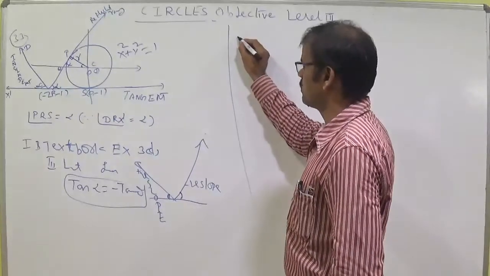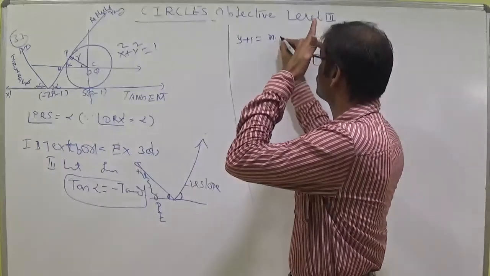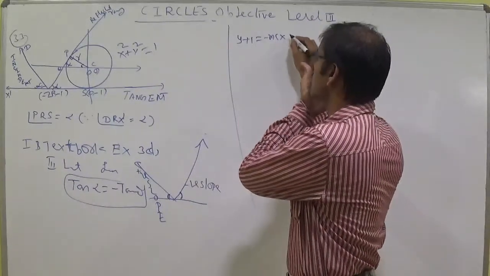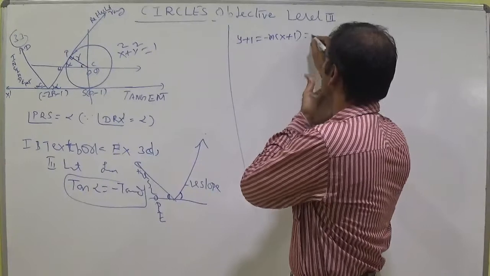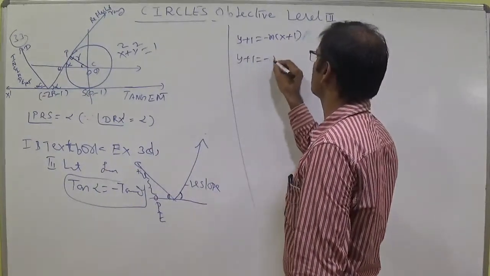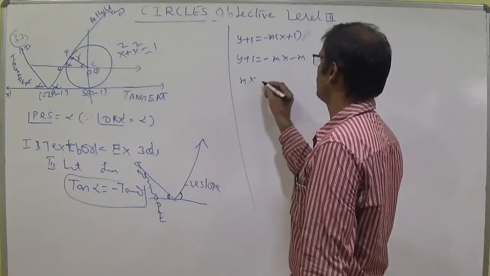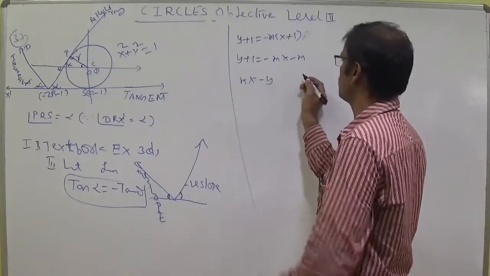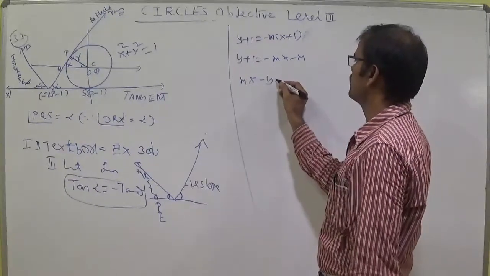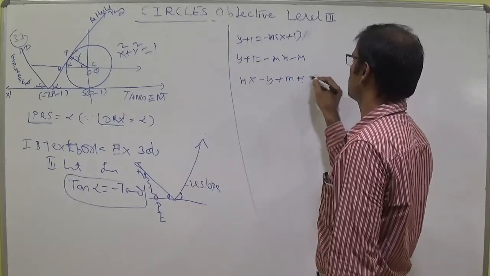In the previous sum we wrote y plus 1 is equal to m into x plus 1, but now you should write minus m into x plus 1. So y plus 1 is equal to minus mx minus m. Taking mx to this side, mx minus y plus m plus 1 equal to 0.